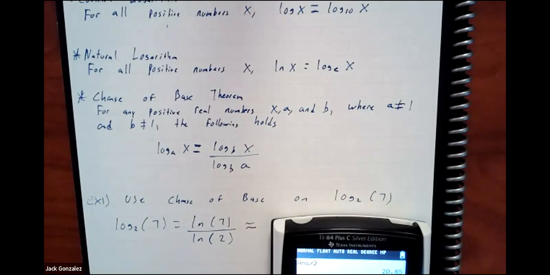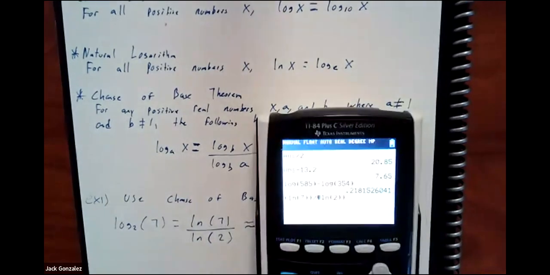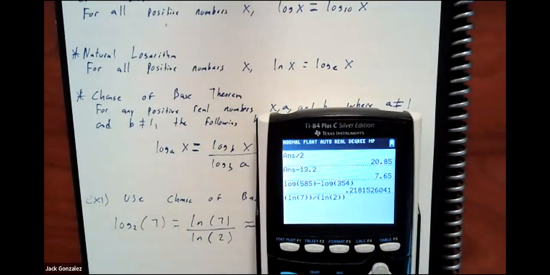So top part divided by bottom part. If I do it that way, it will always be correct. That is the only other type of problem you'll see. The rest are pretty basic.